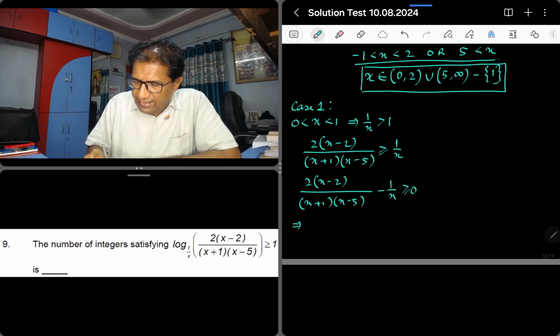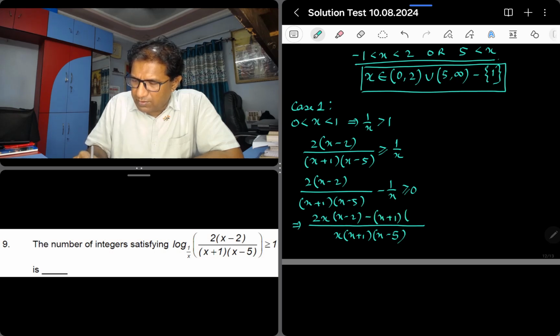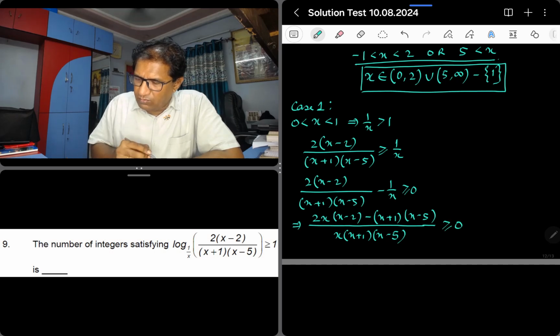So therefore, we can write, now if I take the LCM, it is 2 times x minus 2 minus x plus 1, x minus 5 is greater than or equal to 0.